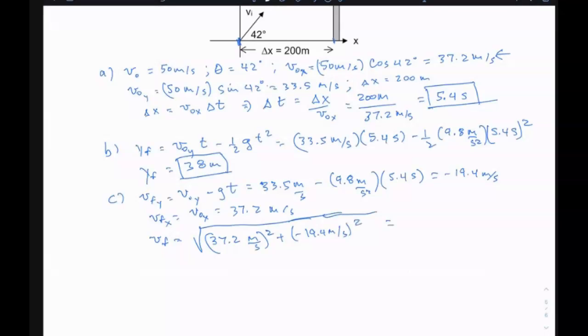And we find that the magnitude of V final is equal to 42 meters per second.